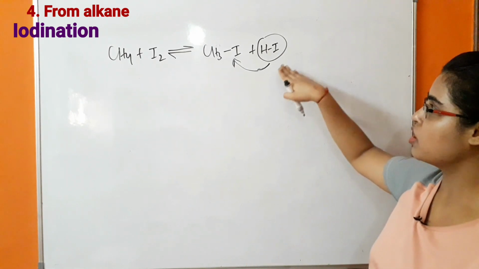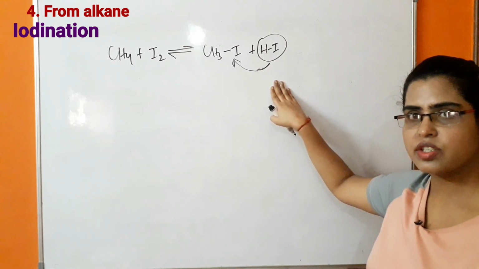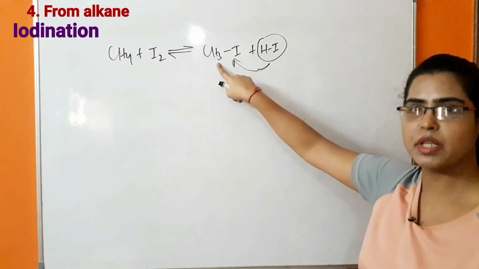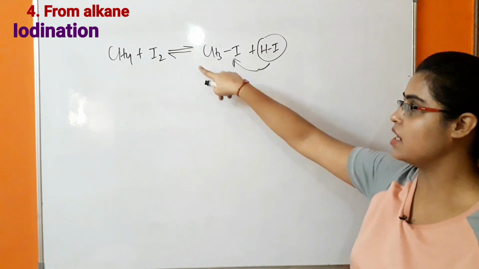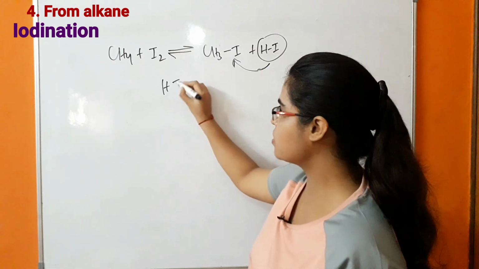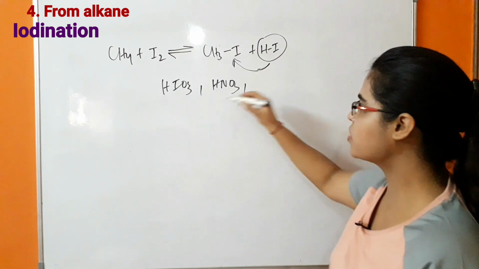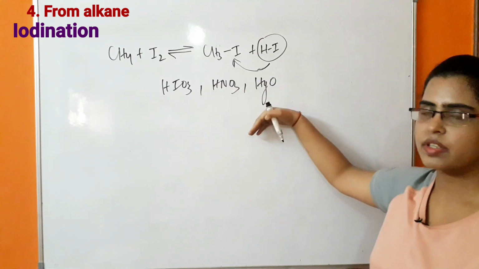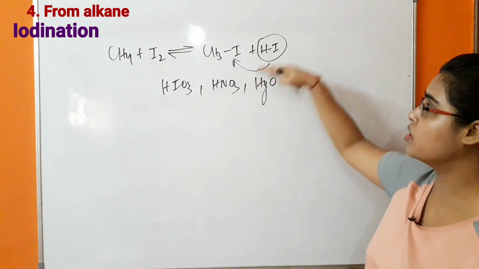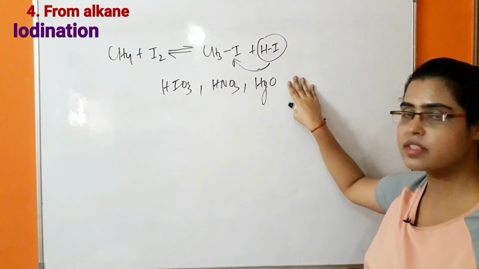Due to this, for removal of this HI, we have to use an oxidizing agent to increase the production of methyl iodide. The oxidizing agents used in iodination are iodic acid, HNO3, nitric acid, or mercuric oxide. These oxidizing agents help in removal of hydrogen iodide from the product side.